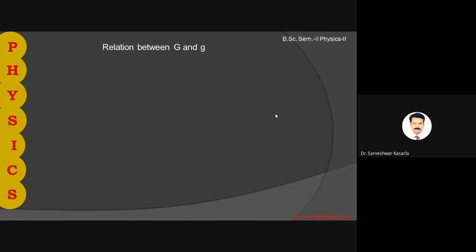So let us see the relation between G and g, that is universal gravitation constant and the acceleration due to gravity on the surface of Earth. For that, let us consider the mass m, small m, on the surface of Earth. It is attracted towards the center of Earth. The capital M is the mass of Earth, R is the radius of Earth. So weight is acting on the mass m.